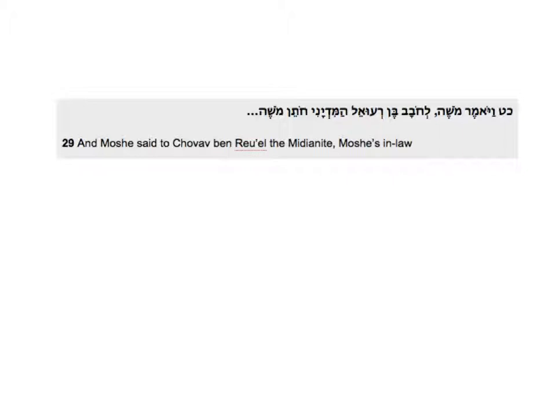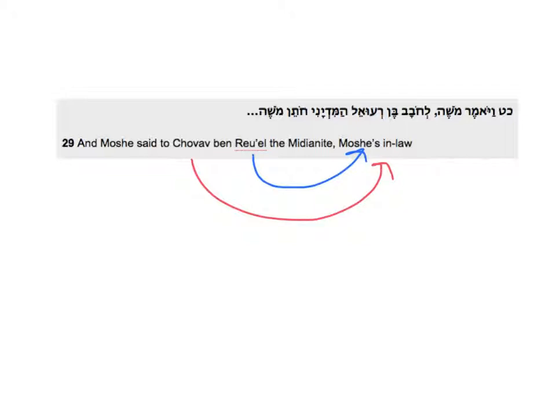This entire thing is Chovav's name. Chovav is the son of Reuel, he's also the Midianite, and he's Moshe's in-law. So it's possible to read the psukim in both ways. Either Chovav is Chotain Moshe, or Reuel is Chotain Moshe.